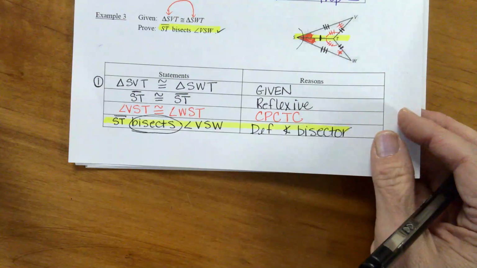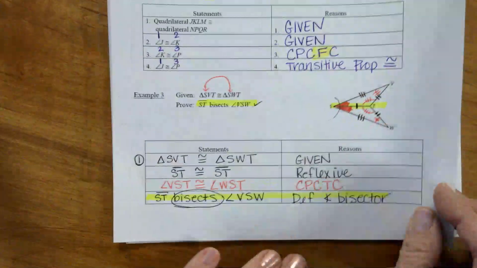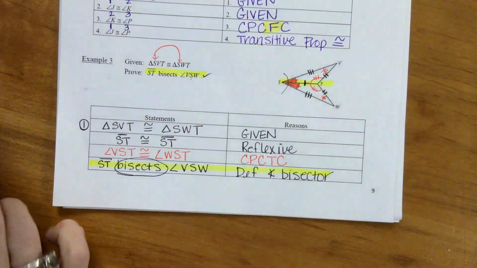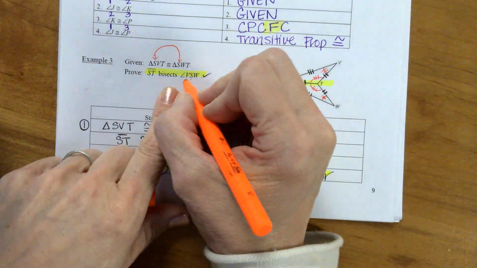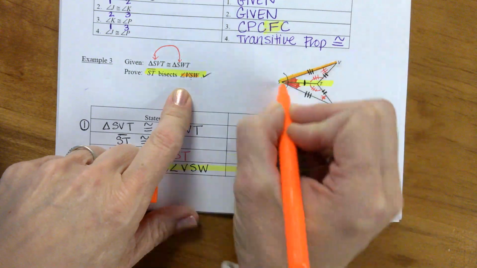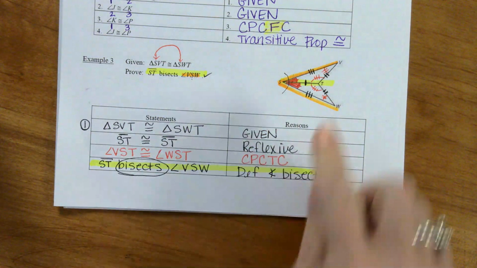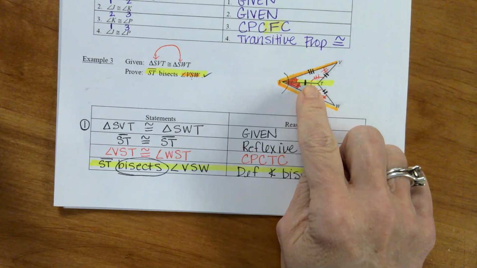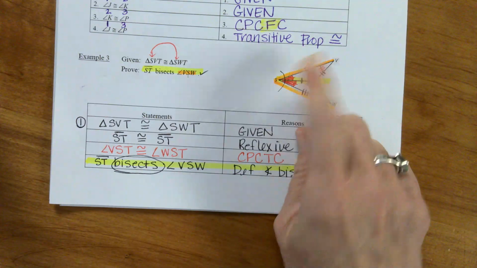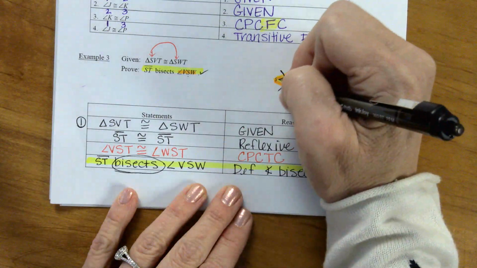So why wouldn't we use any of the other angles to prove that? Because we're talking about VSW. So I'm talking about that ginormous angle right there. I'm trying to prove that this line cuts that big angle in half. So that's the angle that I'm focusing on, this big angle right here.